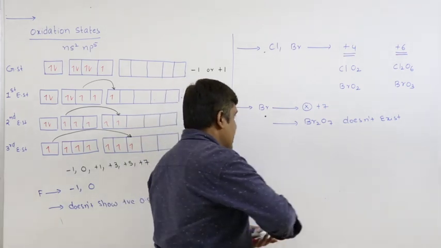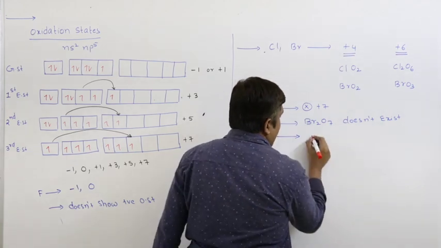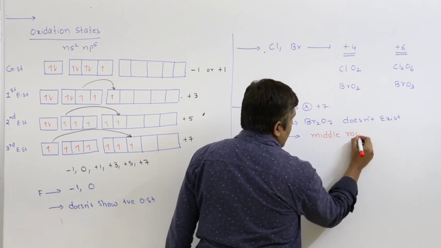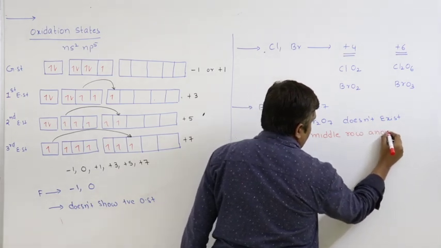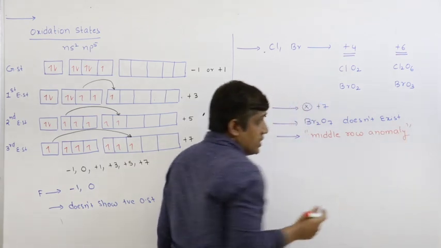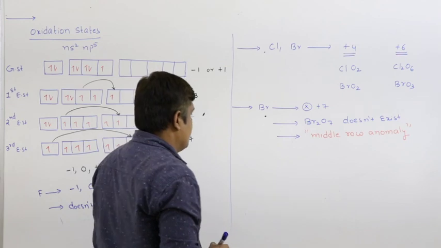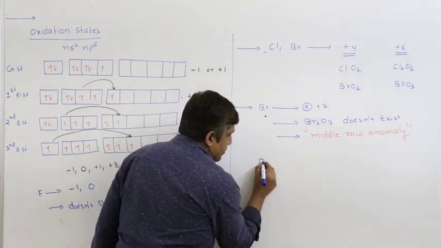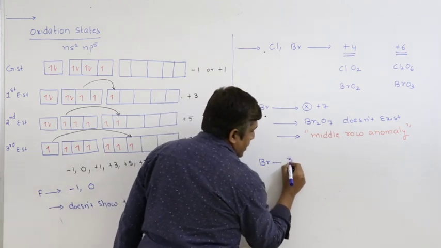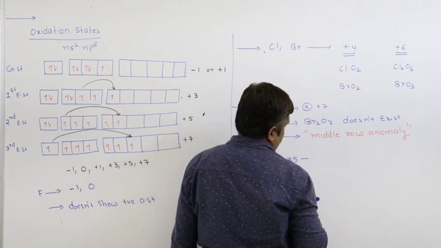Now the answer here is explained by a concept called middle row anomaly. What is this middle row anomaly? If I write bromine, atomic number 35, after helium, neon, argon.